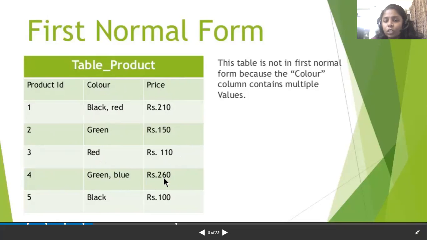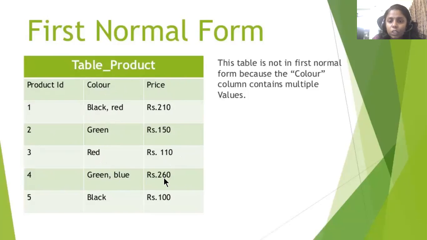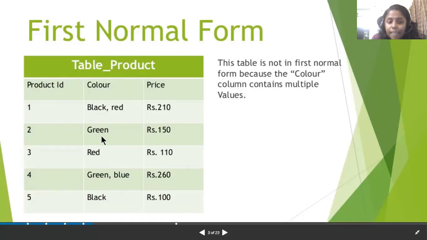So what is the first normal form? As per the first normal form, the table attribute should not contain a multi-valued attribute. The table attributes should be atomic. Then we can say that this product table is not in the first normal form because the attribute color has more than one value.